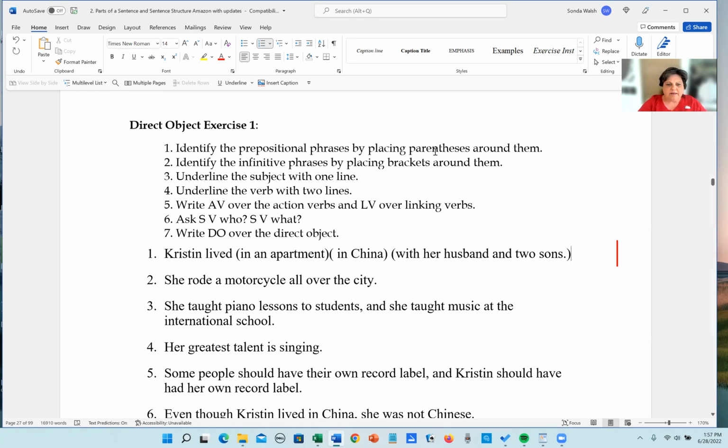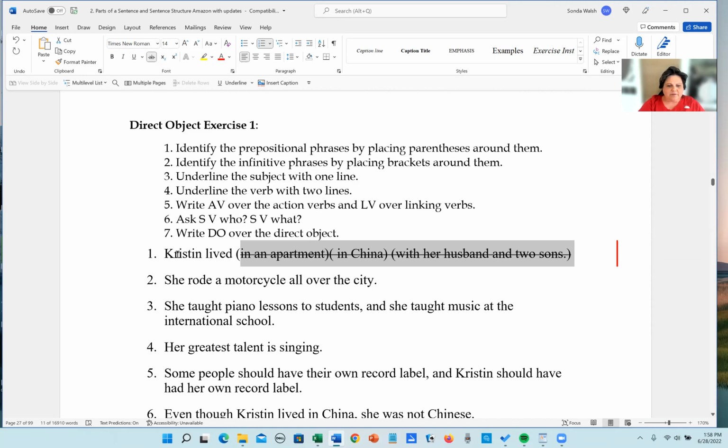Okay, so it says number 1, identify them by placing parentheses around them. We've done that. Number 2, it says to identify the infinitive phrase, and we did not find any infinitives. I'm going to go ahead and draw a line through all of these because we will not find a direct object there.